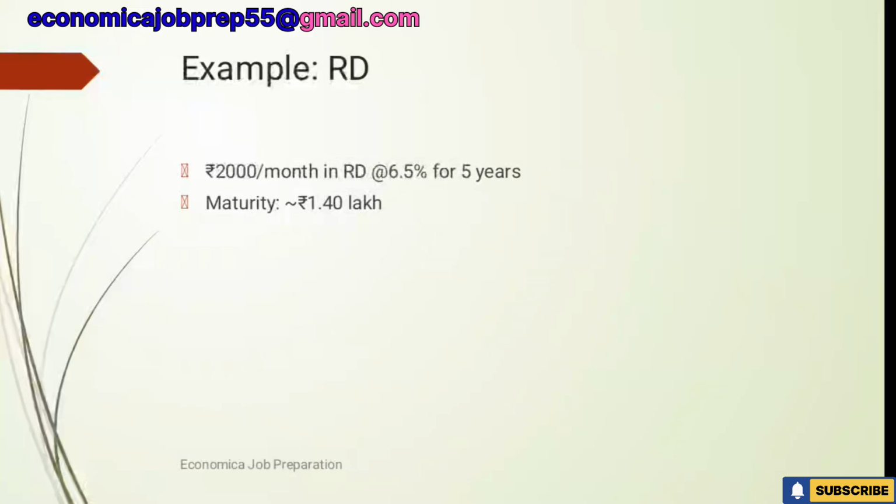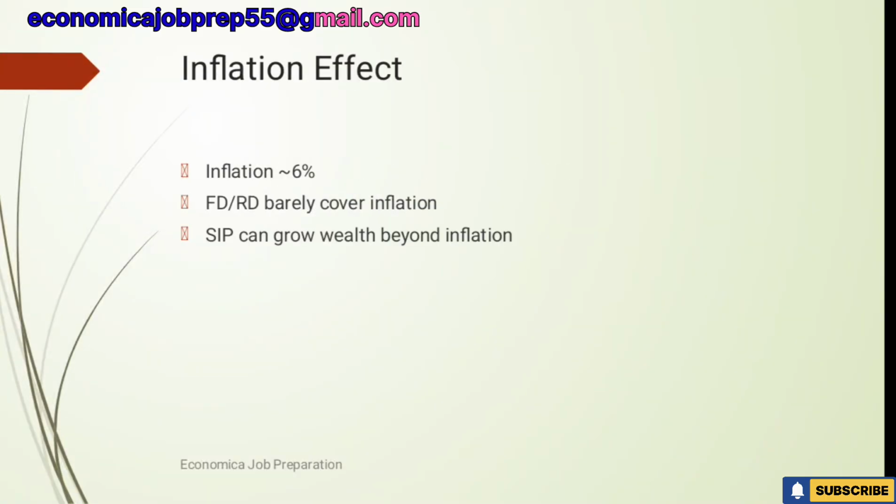For RD, 2000 per month in RD at 6.5% for 5 years, maturity is approximately 1.40 lakh. And in SIP, 2000 per month at 12% return for 5 years, the maturity is approximately 1.67 lakh. Inflation effect: if inflation is 6%, then FD and RD barely cover inflation. SIP can grow wealth beyond inflation.